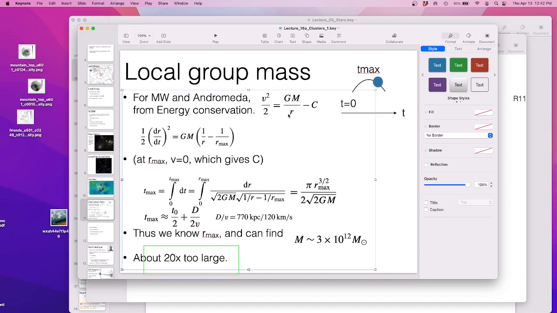So let's go ahead and do that. So this is dr dt. So dr dt equals this business here, the square root of 2GM times 1 over r minus 1 over r max.